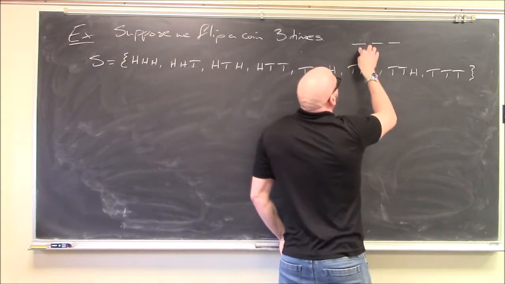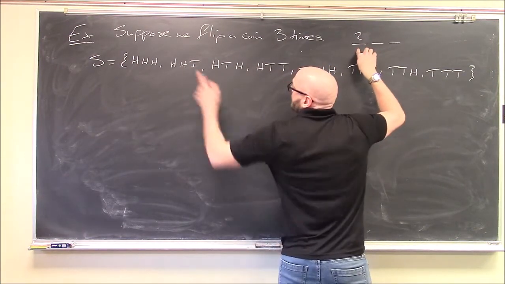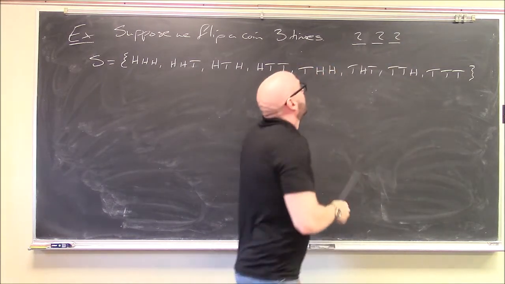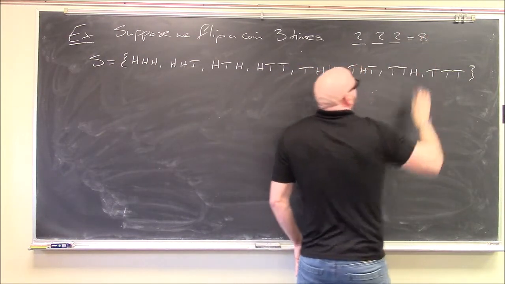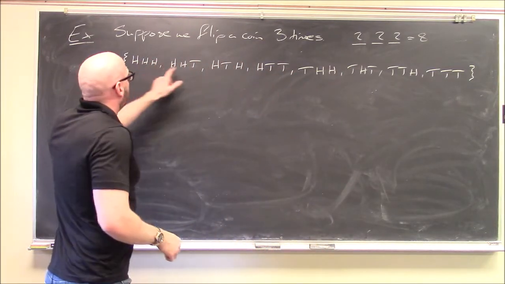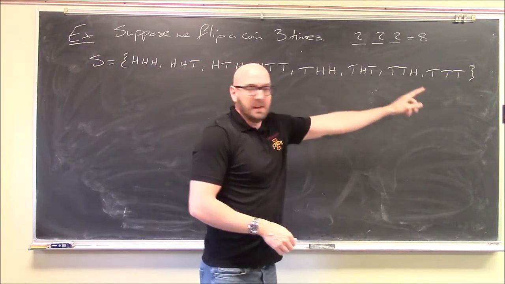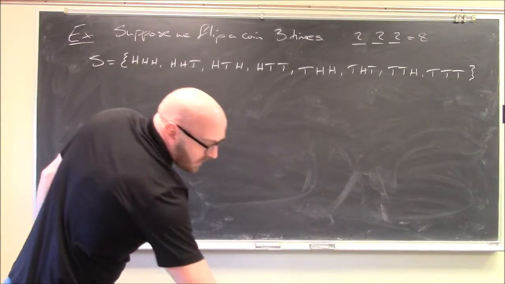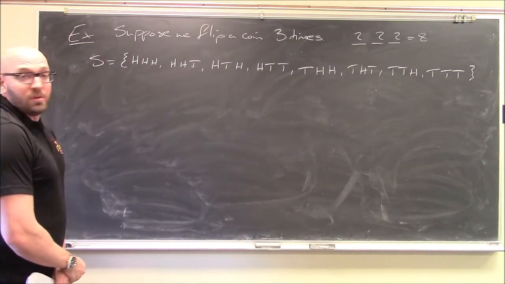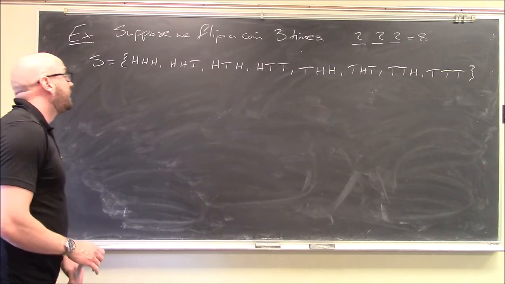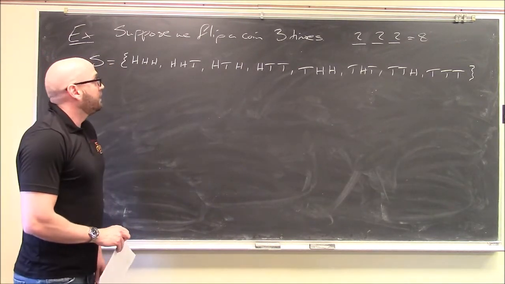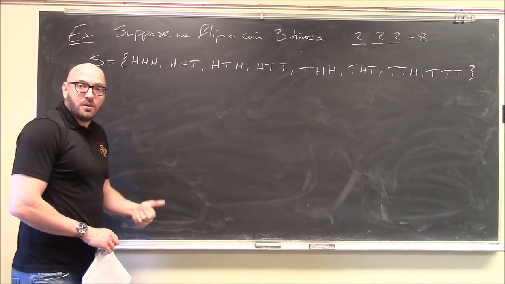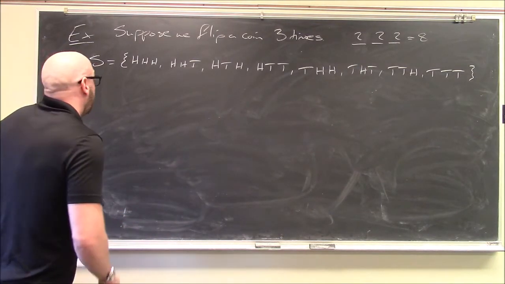So once again, I've got 2 choices for the first slot, either heads or tails, then 2 choices for the second outcome, then 2 choices for the third, so I should have 8 total permutations, and I think I have 1, 2, 3, 4, 5, 6, 7, 8. 8 different permutations, so I do indeed have all of them. And what's the probability of each event going to be? Well, theoretically, we would assume every single outcome is equally likely, right? Because our coin is equally likely to land on either heads or tails.